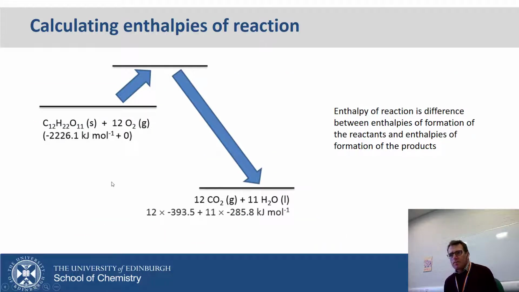How? Well, if we look at our reactants going to products, each of these reactants will have their own enthalpy of formation. So this is like a measure of the enthalpy of that substance. Each of the products will have their own enthalpies of formation. So therefore the difference between reactants and products will be the differences between the sums of those enthalpies of formation.